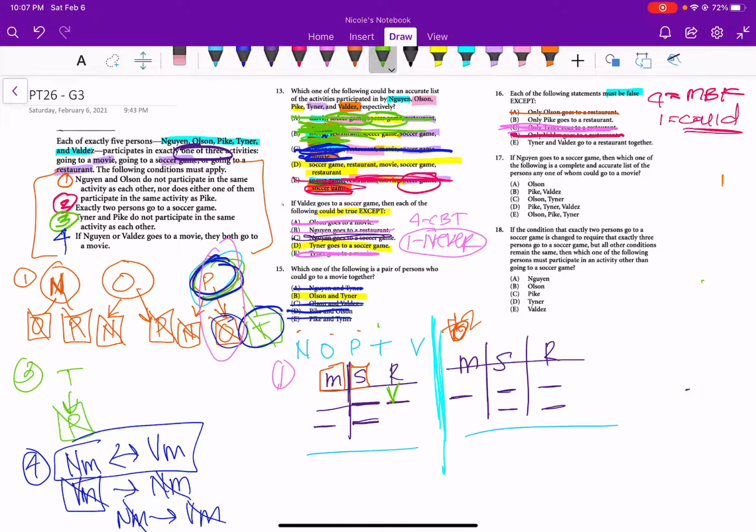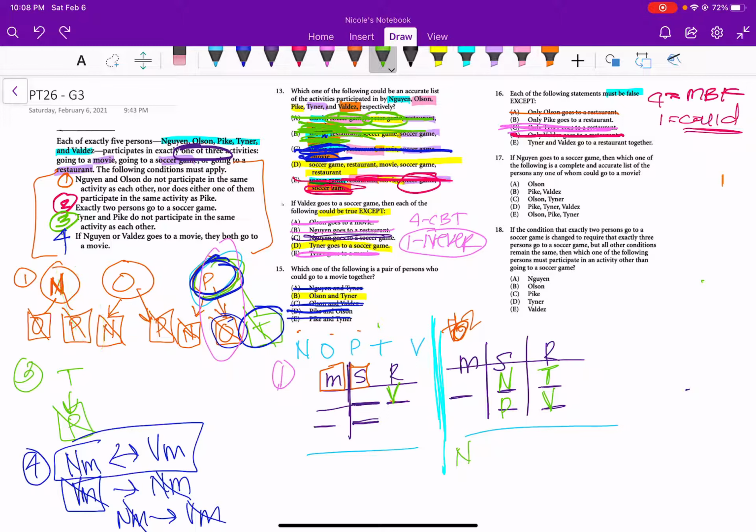And then lastly, T and V go to the restaurant together. So this time I'm going to be in world number 2. I'm going to put T and V here. This means that N cannot go to the movie because if N goes to the movie, V has to go. So that means N's going to the soccer game. And when we have P and O left, we can't put P with N because we just can't have N and P together.